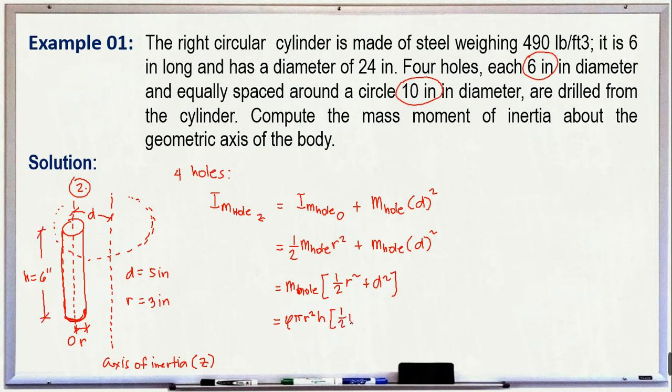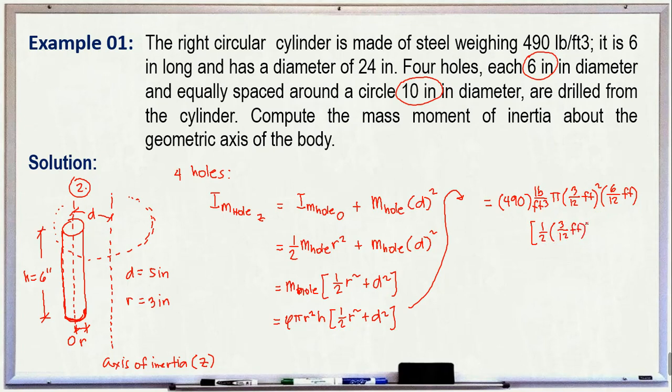So times 1/2 r squared plus d squared. Now, plugging in the values, we have this equal to the density 490 pounds per cubic foot, pi times the radius of our hole, which is 3 inches, so 3 divided by 12 to become feet, squared, and also the height, which is in inches, divided by 12 to become feet, multiplied by 1/2 the radius, again 3 divided by 12 to become feet, squared, plus the distance which is 5 over 12 feet, and then another squared.